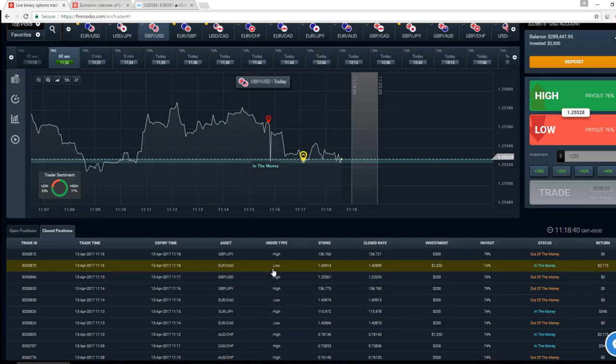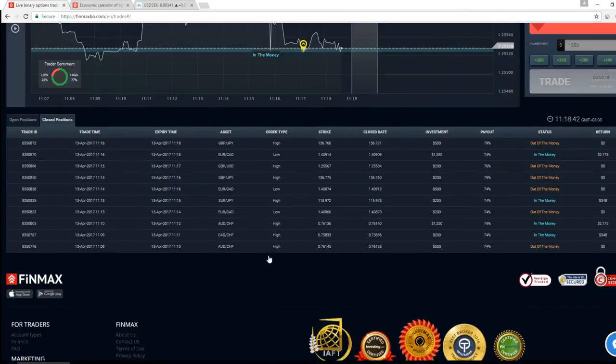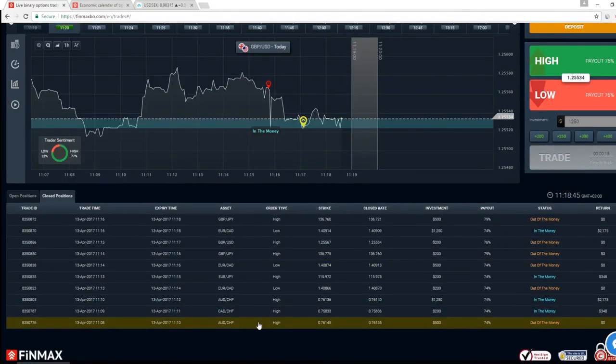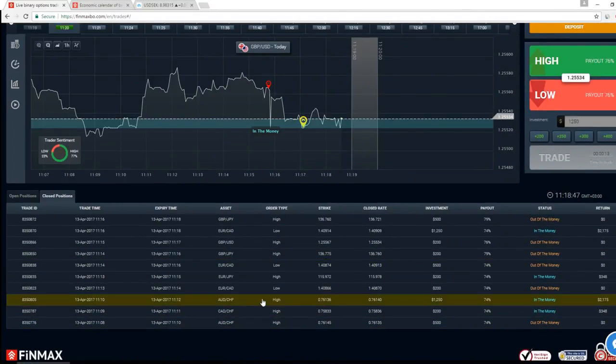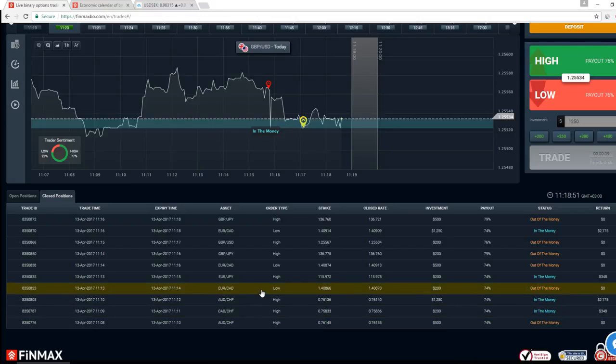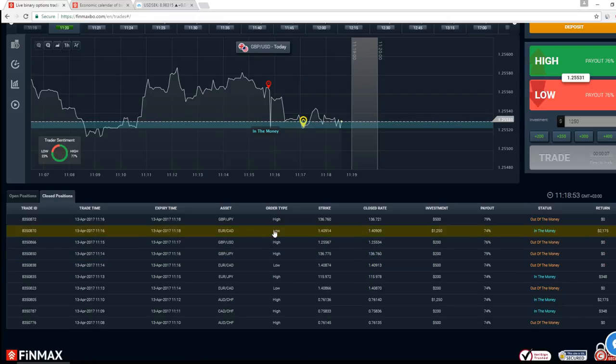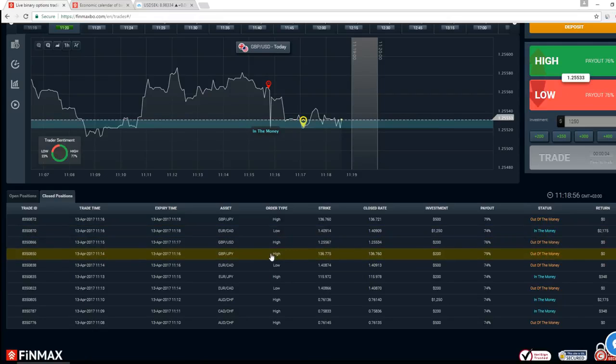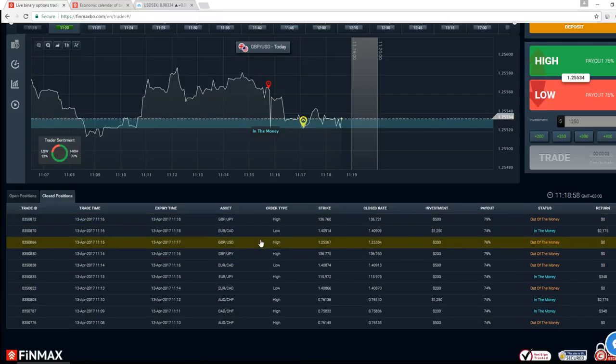Euro to Canadian, okay, in the money. Let's see all that we have. Australian to Swiss franc in the money. Euro to Canadian, okay. British pound to Japanese yen, not yet.